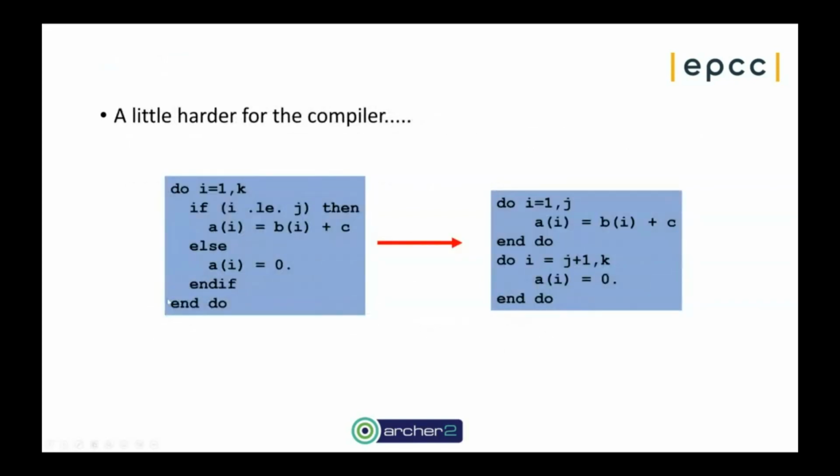Now, I guess most of you are not Fortran programmers, so the code on the left-hand side may not be that understandable. But it is probably more understandable in terms of what the developer of the application wanted to do, which is to say, do this whole loop, but for part of the loop do this, and for part of the loop do that. Then we've moved it into a slightly different form, which has two separate loops.